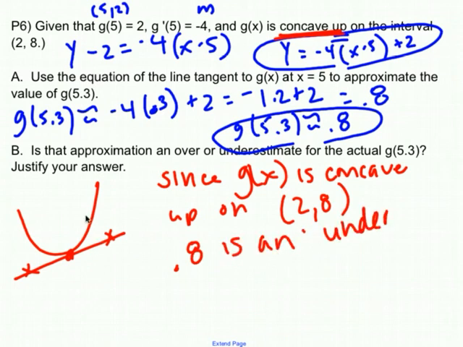You can see that because this is the actual, and this is the underestimate. And that is this section.